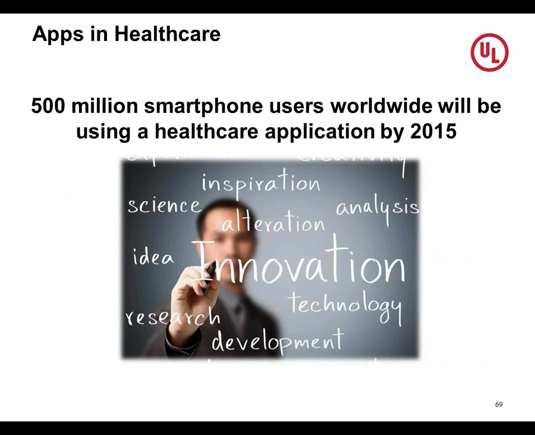We know that there are millions of smartphone users worldwide, and companies such as yourself are innovating in this space for improvement of overall health and access to healthcare specific applications.